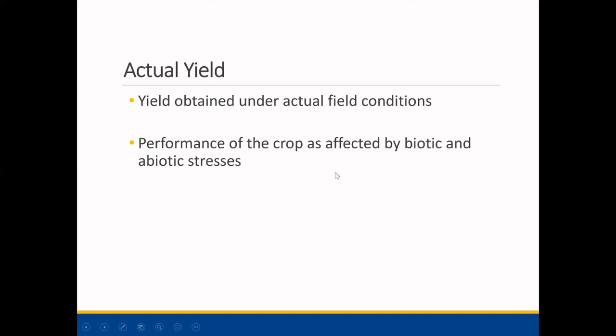So many stresses can be in the field, and you cannot make sure to provide the optimum environmental conditions for that crop. So it's a more practical yield, and most of the time, what farmers get is the actual yield.